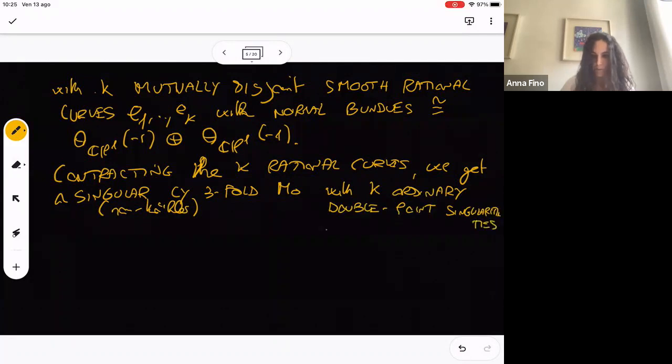And we call these points p1, ..., pk. So we start with something smooth, we consider k rational curves with the property that you can contract, and then you contract them to these points.